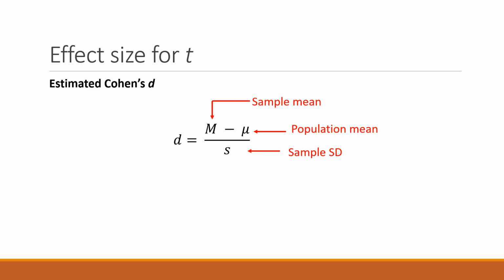The score you get from this is interpreted in terms of standard deviations. So if we have an estimated Cohen's d of 1.0, it would mean that the treatment effect is equal to 1 standard deviation. And you always look at the absolute value of the number. It doesn't matter if it went up or down, you were just looking at the difference.